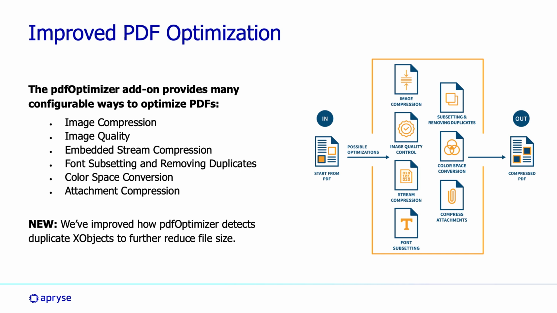In reality, what the PDF specification allows you to do is have the logo only once, and then reference it multiple times from the other pages instead of having duplicates. So we've improved the way PDF Optimizer detects those objects in order to reduce the file size, because instead of having 5 copies of the same logo, you only have 1. Okay.